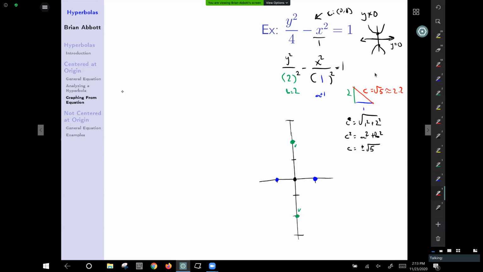Now let's plot our foci. 2.2 is just a hair above our vertex, and then we'll go down as well. We can draw our box to connect our a and b values. And then once we have our box, we'll draw our asymptotes. And once we have our asymptotes, we can draw a pretty darn accurate hyperbola.